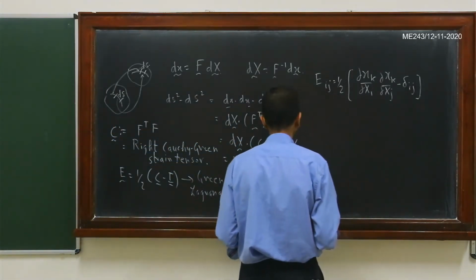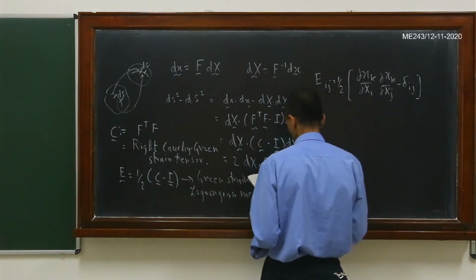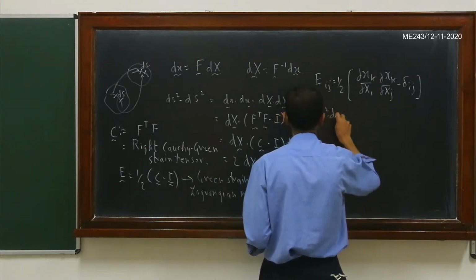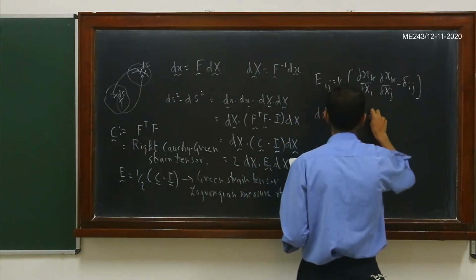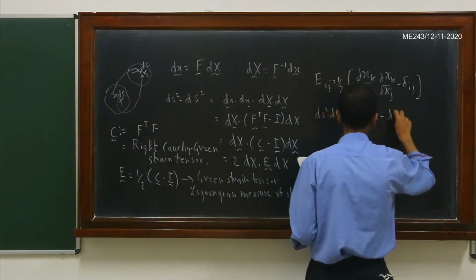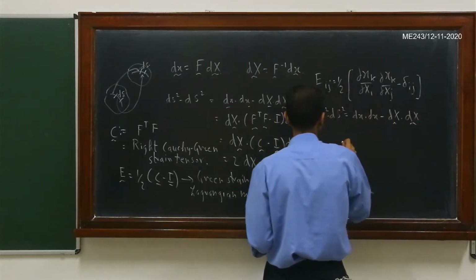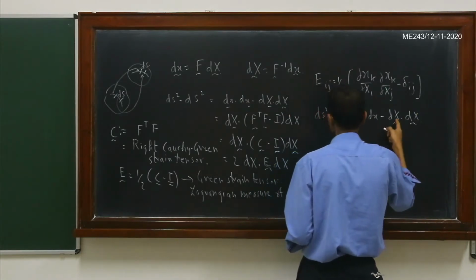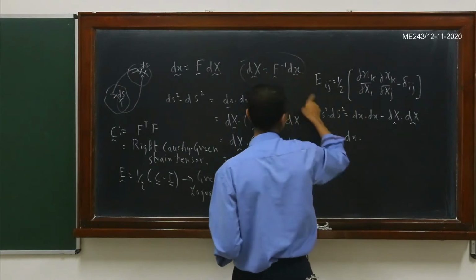Okay, now just like we defined the Lagrangian measure of strain, let us define the Eulerian measure of strain. Again we start with ds squared minus dS squared, which is equal to dx dot dx minus dX dot dX. Now I will express this dX in terms of small dx using the F inverse relation.